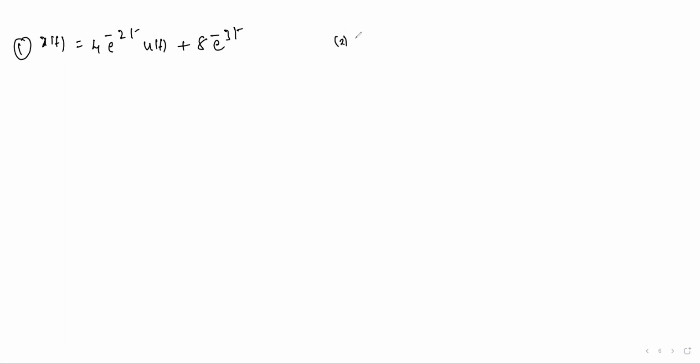Second problem: x of t is 2 e to the power of 3t u of t plus 5 e to the power of 2t u of minus t. This is u of minus t, both u of minus t.